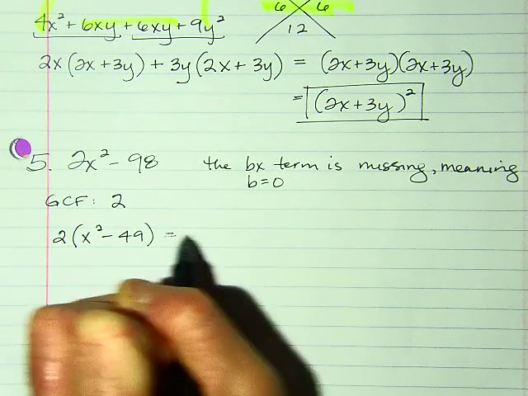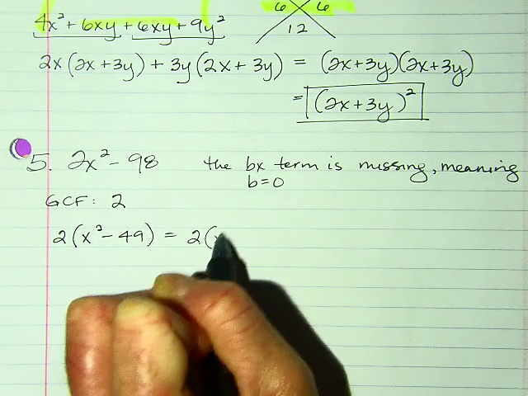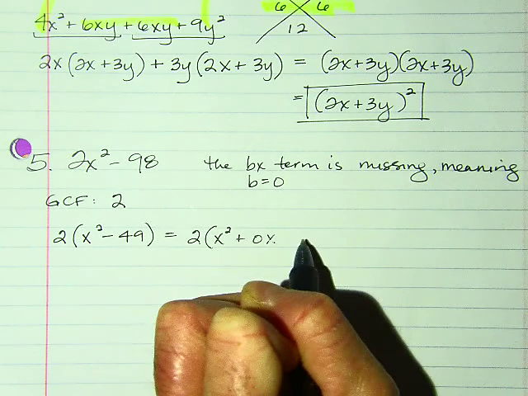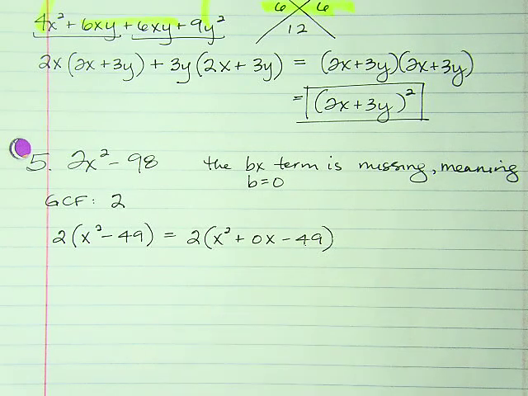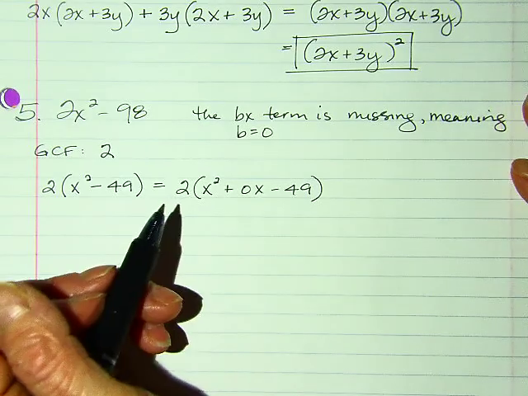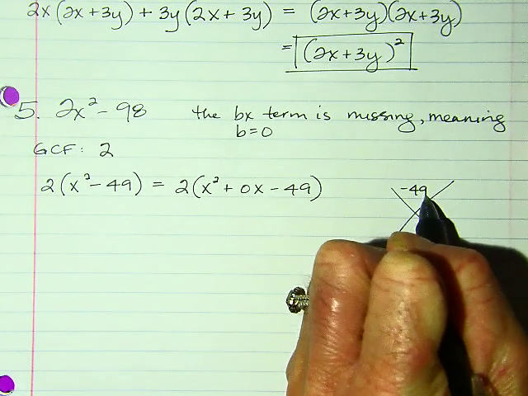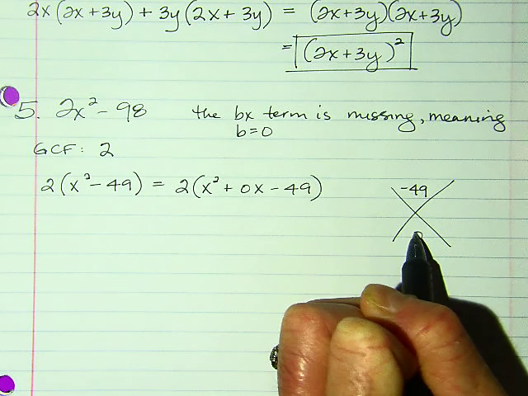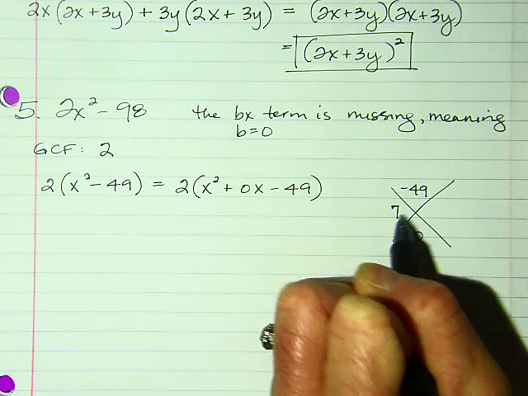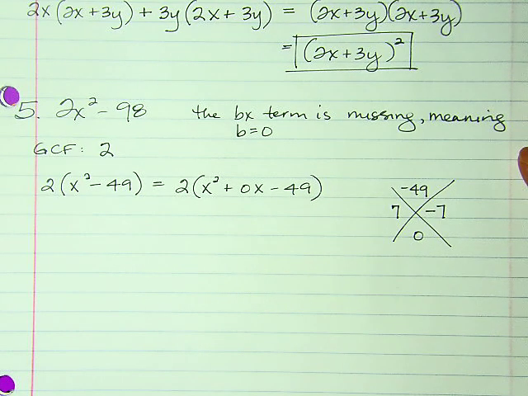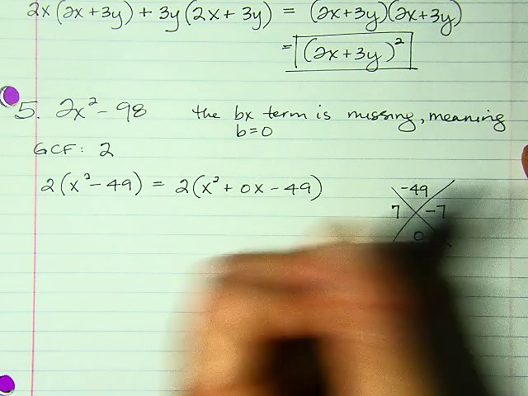Now I'm going to rewrite this so that I can see the middle term is a 0. So I'm going to use my method, but you could also use the x. You could do negative 49. The middle term is 0, so that would be a positive 7 and a negative 7. That's a factor of 49 that if multiplied would add up to be 0.